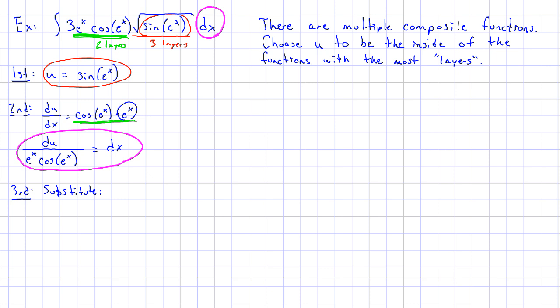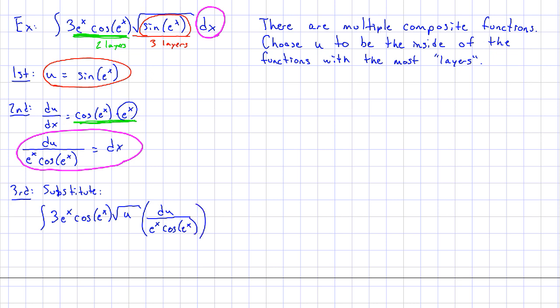So when I substitute, I end up with 3e to the x cosine e to the x. That first part of my integrand didn't get any substitution. Times the square root of u times dx, which is also du over e to the x cosine e to the x.